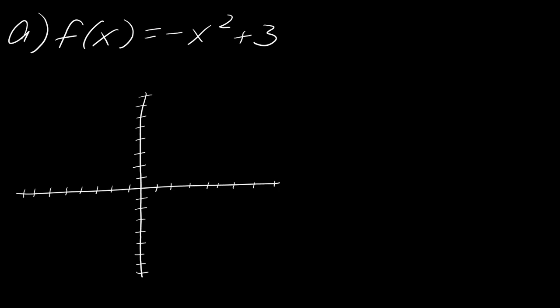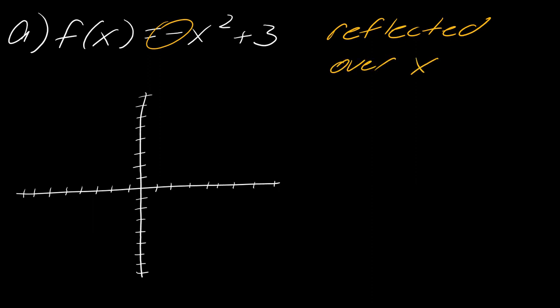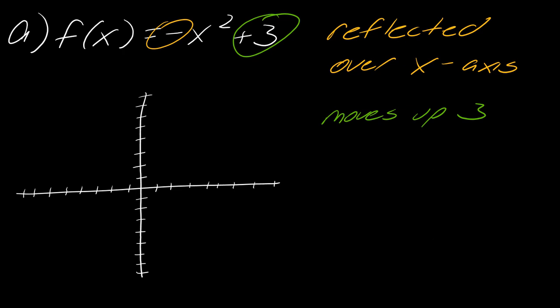So it's being, let me grab a different color, okay, so this is being reflected over the x-axis, right? And then the plus 3 means that it moves up 3. That's what's happening here.